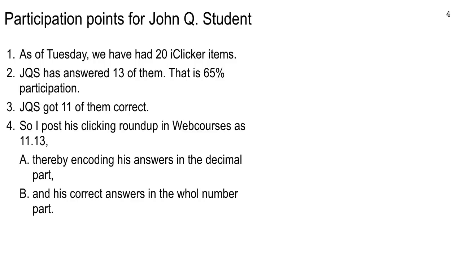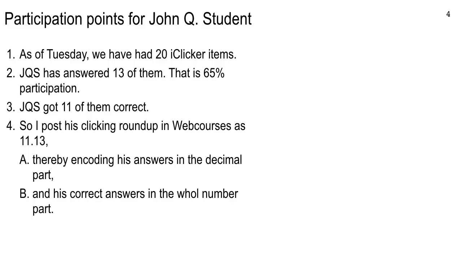But Canvas will just display that as something 0.2. They strip the trailing zeros out of the grade book. I can't get them to do it right. But anyways, that's what you're going to have. So when I put those in this weekend, everybody's going to have something point something something, and that encodes how many you answered and how many you answered correctly.